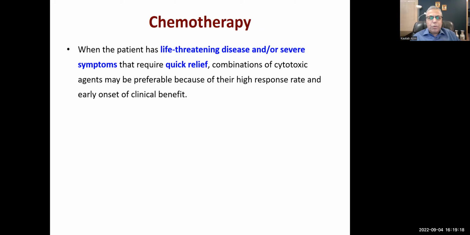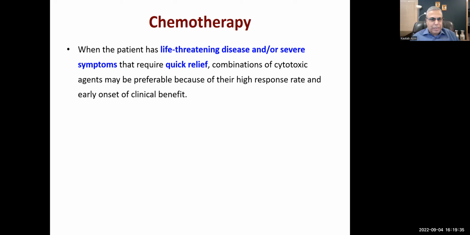And they have very narrow therapeutic indices. So with a little bit of overdose, they are going to have severe toxic effects, but they are very rapidly acting. They're still the backbone of cancer treatments.